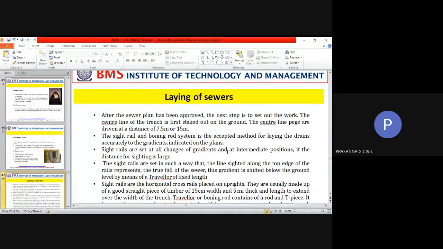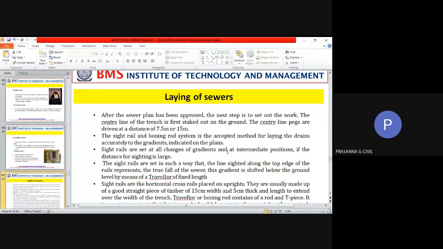And a boning rod system, they call it a traveler also, is an instrument very similar to your T-square. You have seen the T-square that people use to do drafting, right? It is a T-shaped structure.